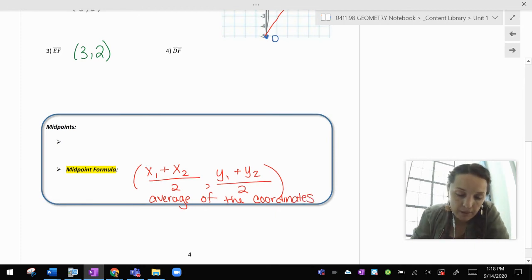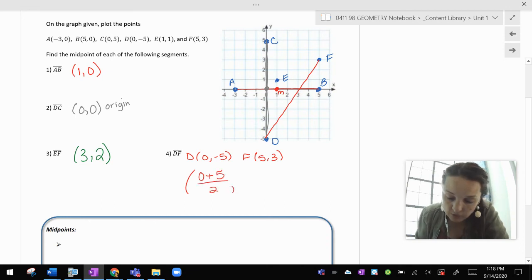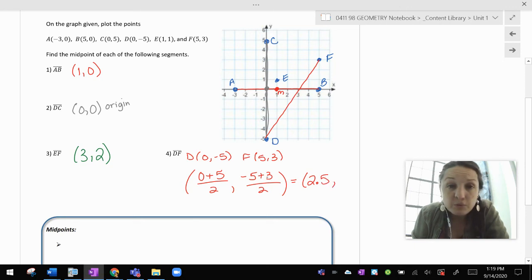So I'm going to come back up here and do DF. D was 0, -5. F was 5, 3. So if I average the coordinates, it would be 0 plus 5 divided by 2 and -5 plus 3 divided by 2. 5 divided by 2 is 2.5. -5 plus 3 is -2. -2 divided by 2 is -1.